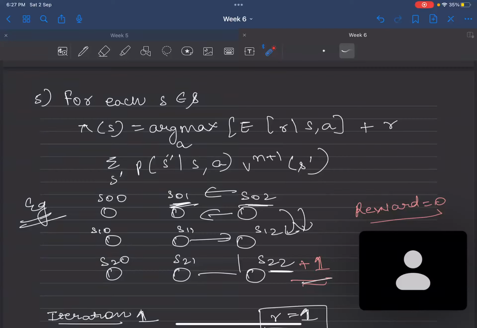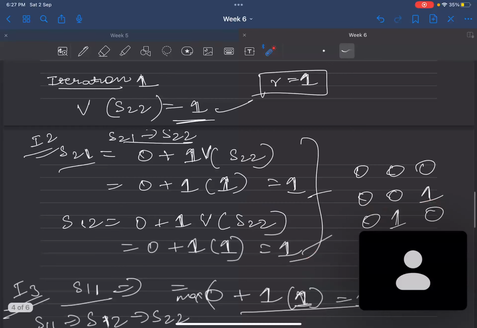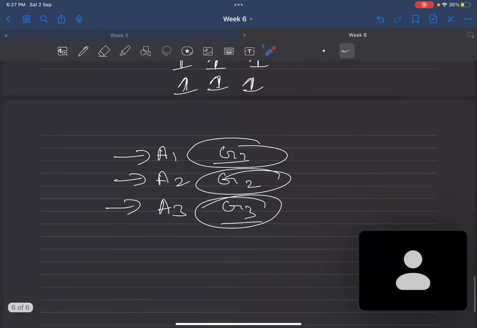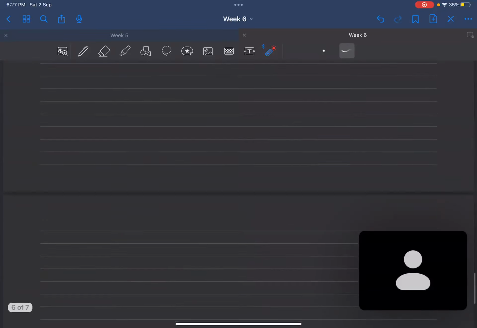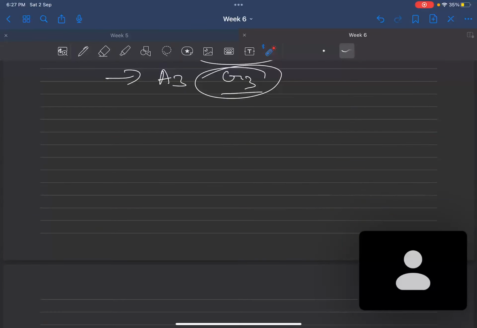Now, any doubt? Is it clear now? Let's proceed. I'll come to more value iteration examples after explaining policy iteration as well.